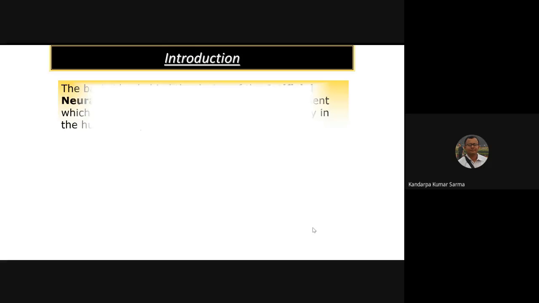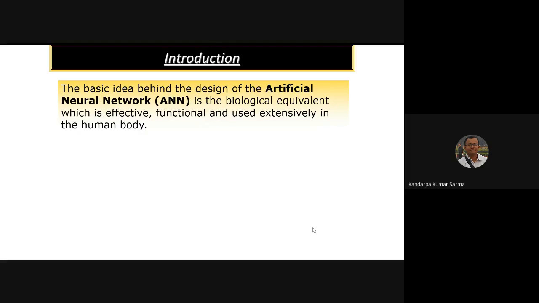So let's come to the design of the ANN. So how we can design it. So we have so far become familiar with how the ANN is formulated. We have gone through the basic theoretical requirements, the basic mathematical foundations we have become familiar with. So we can now deal with the design of the ANN by the use of MATLAB.